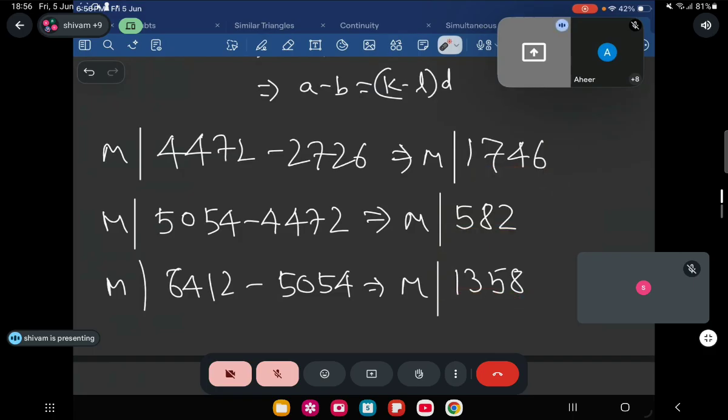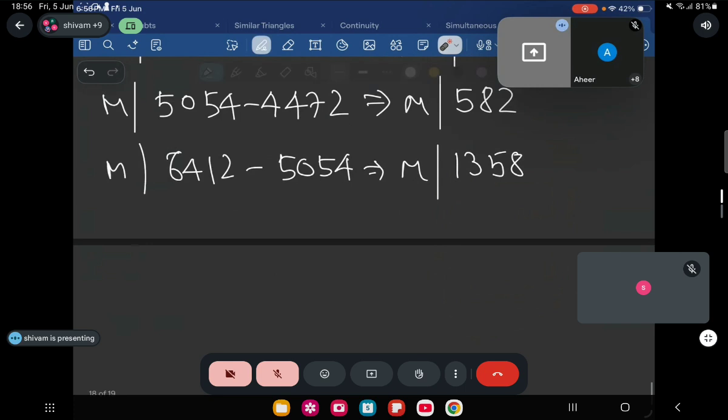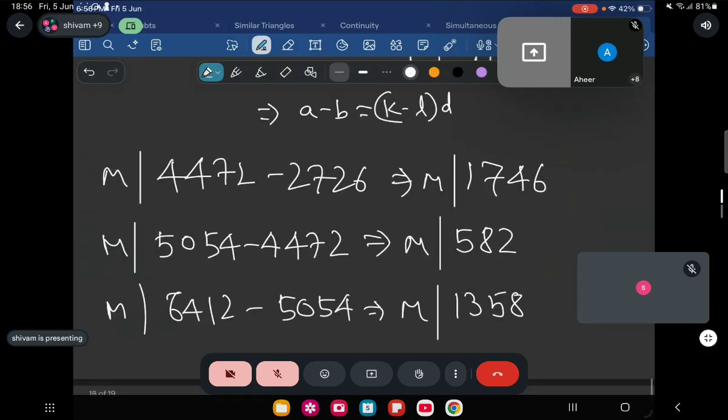That means your M is hidden in these three numbers only. So you factorize the smallest of them. Actually, you have to factorize all three, but in order to get your answer quickly, you factorize the smallest of them and check with the others.